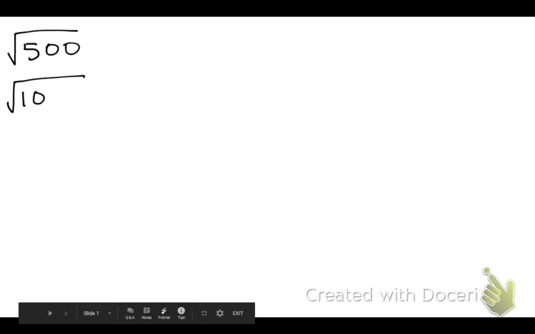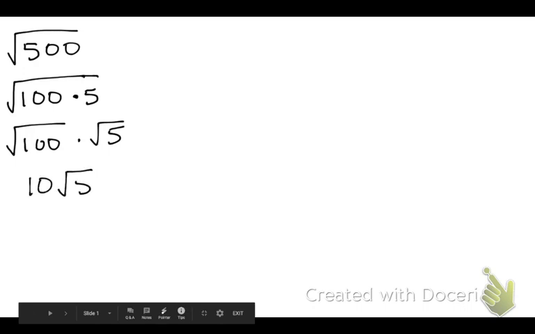And I'll write it this way, 100 times 5. And we know by our property that that's the same thing as the square root of 100 times the square root of 5. But the positive square root of 100 is 10. So we have 10 times the square root of 5.